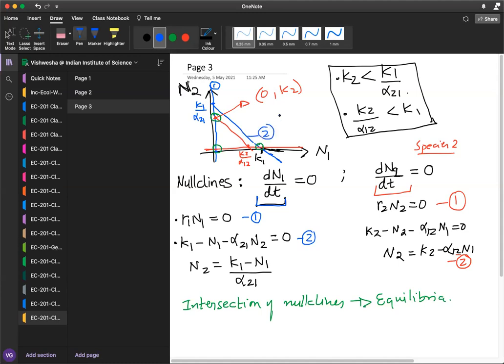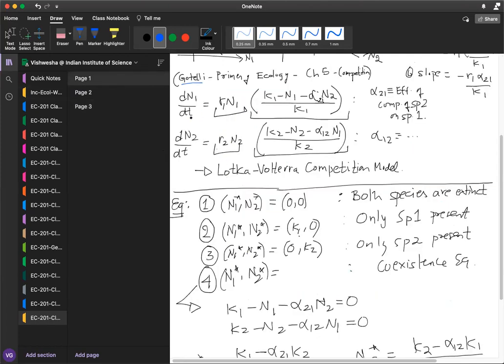If you are above this, what's happening? N1 and N2 are large. If you are somewhere here, N1 and N2 are both large, right? Now that means that equation 2's term becomes negative. When it becomes negative, what happens to dN1/dt?